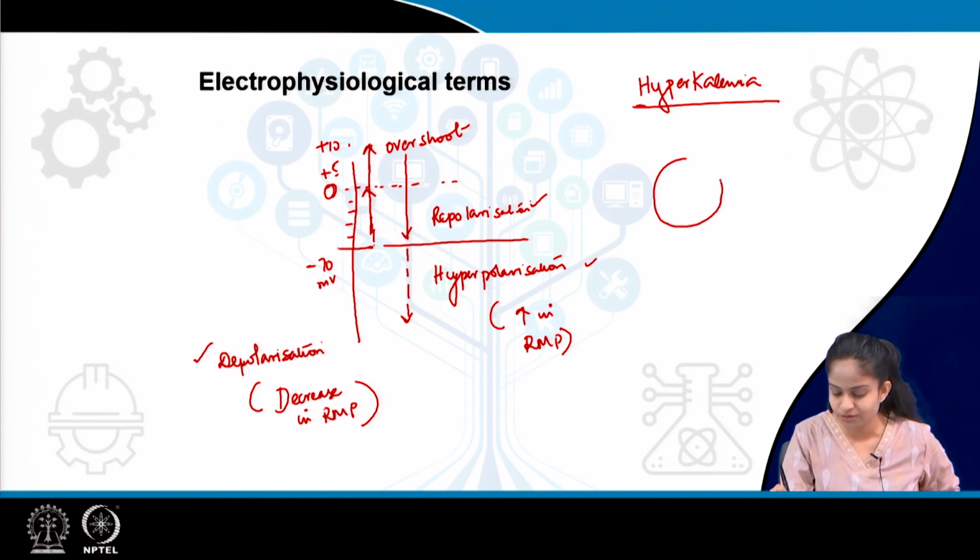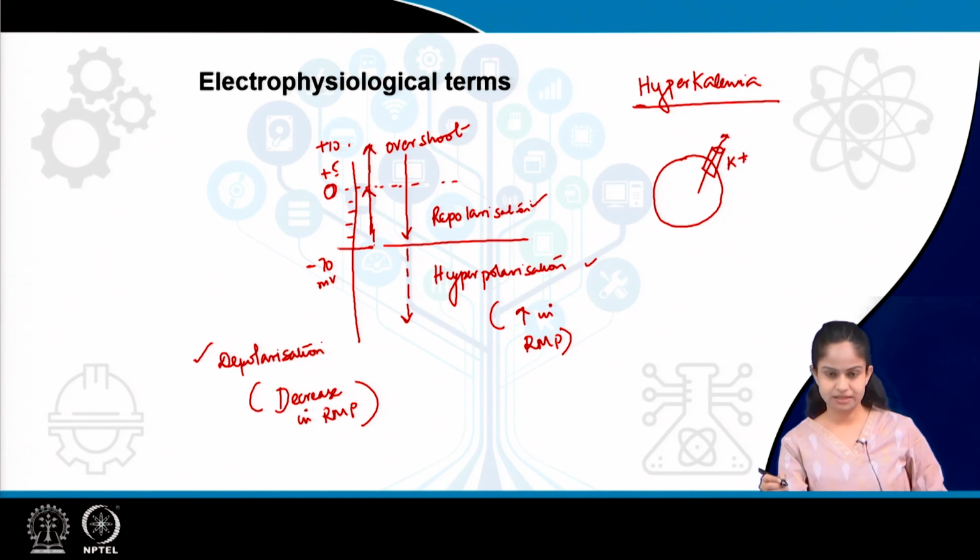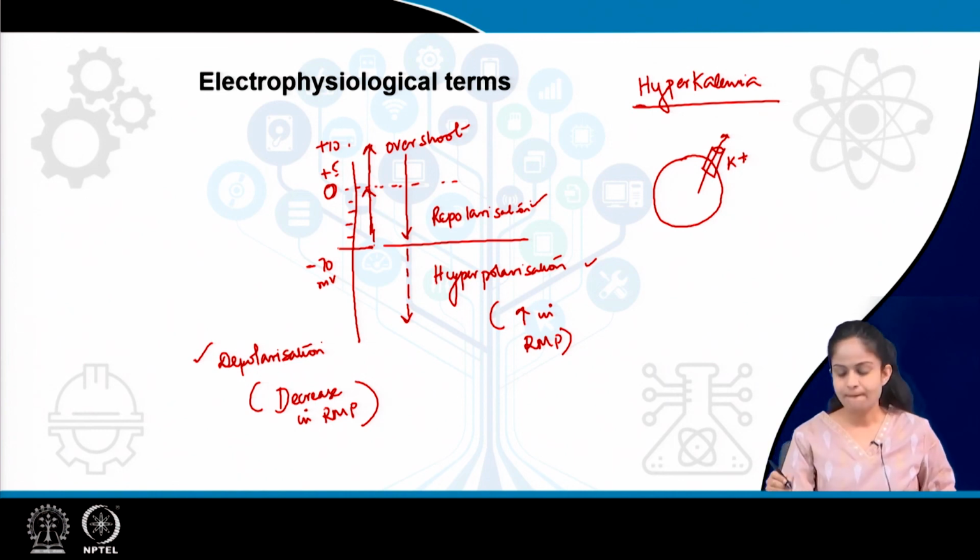So, at that time you have to think, suppose this is a cell and it has these leaky potassium channels through which potassium usually goes outside, because the tendency of potassium is always to move from inside to outside, as intracellularly potassium is more. But in hyperkalemia, the potassium concentration is already more extracellularly.